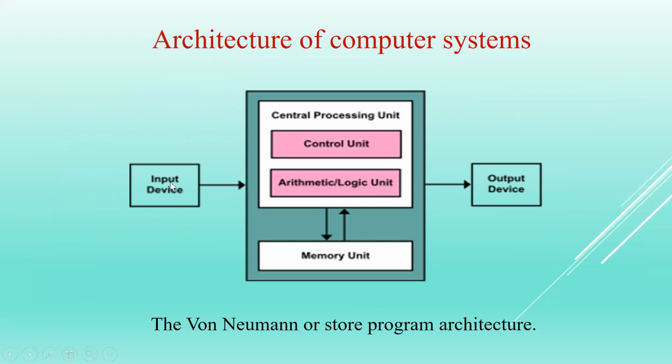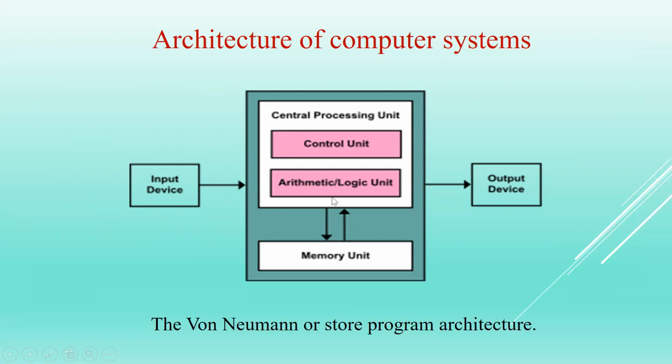First, it is our input device. For input devices, we can name our keyboards and all of these devices with which we can input our information. Then, after the input device, all of this information goes to the central processing unit, which has a control unit and the arithmetic logic unit.